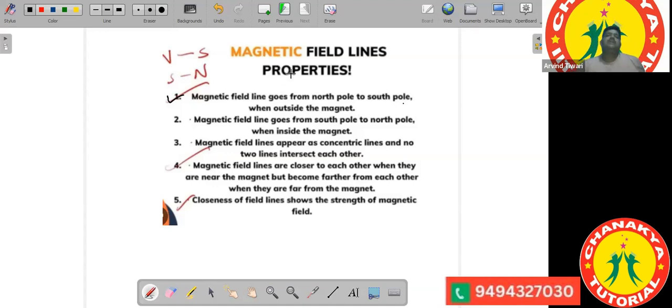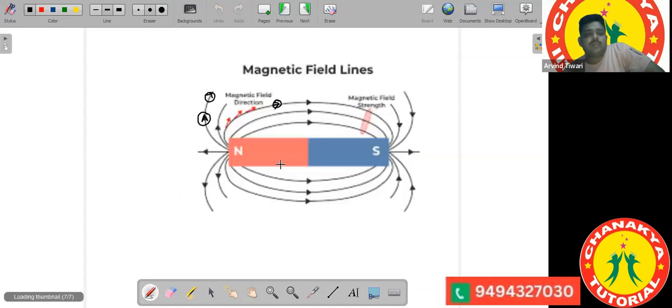And that is what is drawn in the previous diagram. See here, the magnetic field lines are moving from the north pole and entering the south pole outside the magnet.